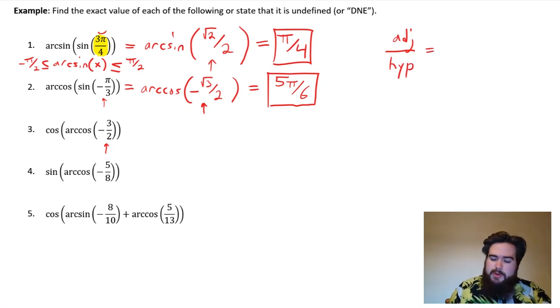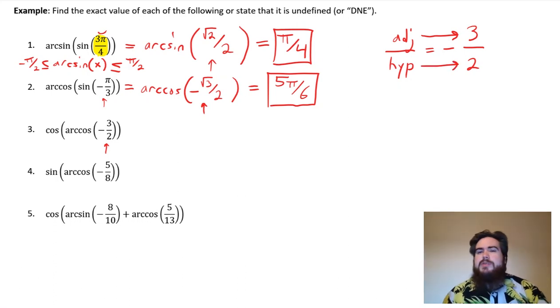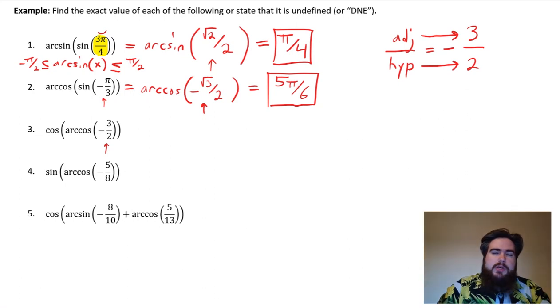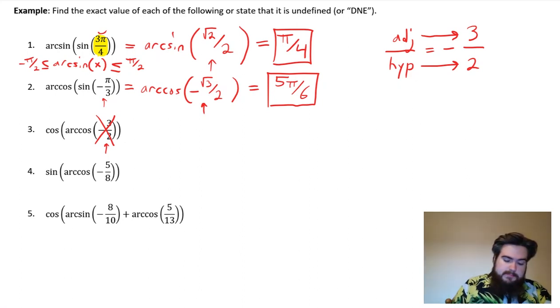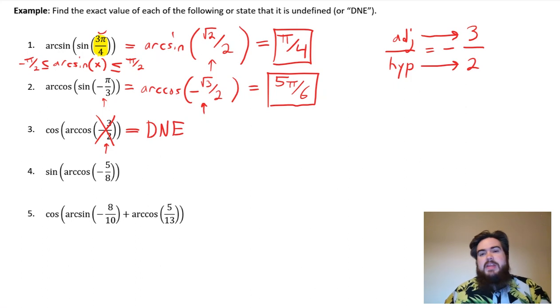If my ratio here is negative 3 over 2, this implies that my adjacent side for the right triangle is larger than the hypotenuse side for the right triangle, which is impossible. That cannot happen. Meaning that this ratio is an invalid ratio for cosine. So this is not anything that exists.